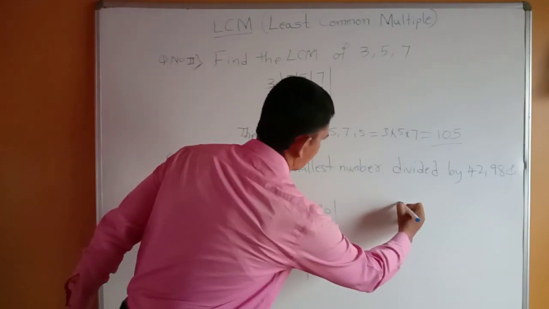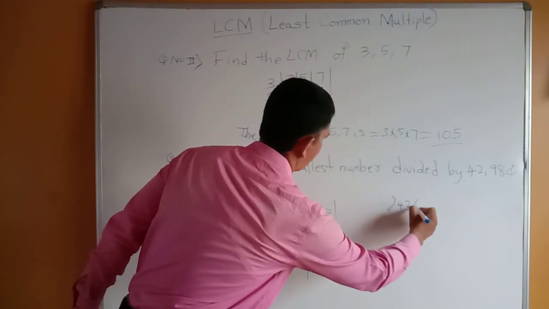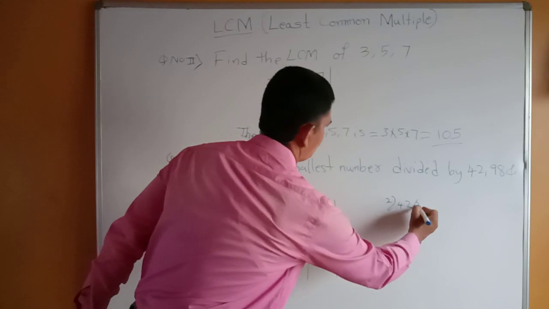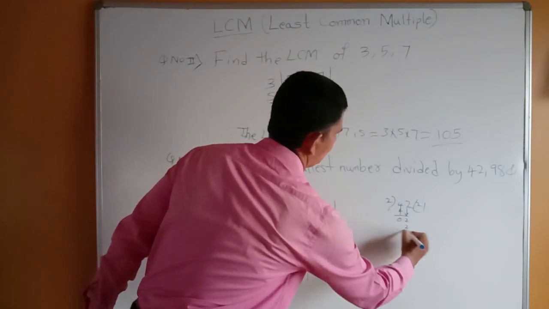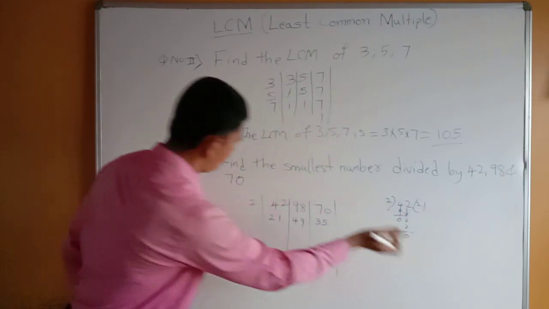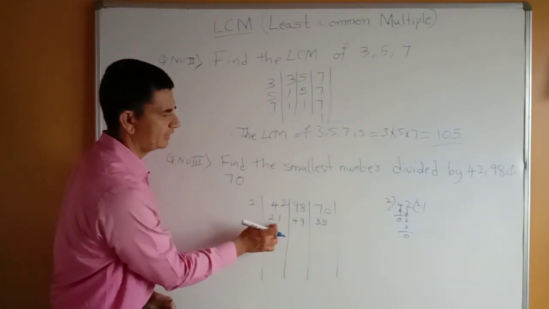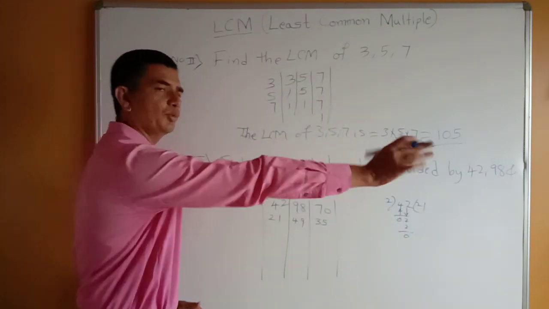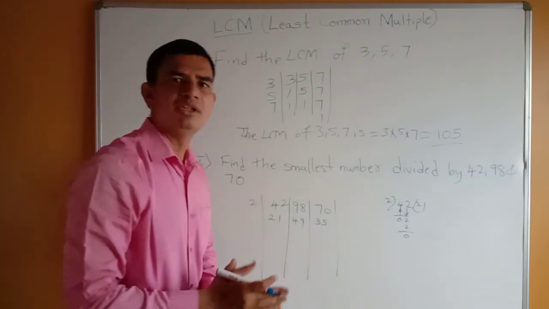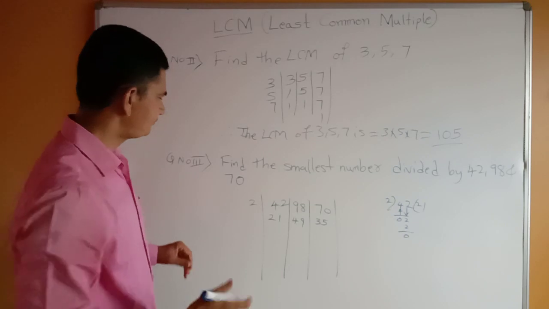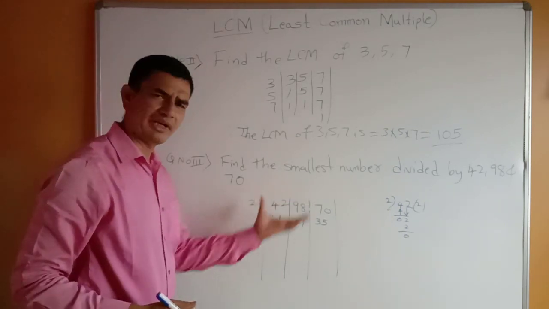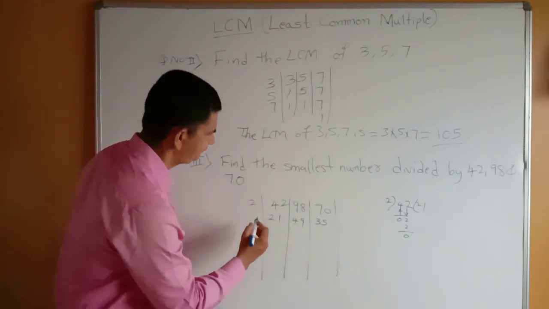We have to do 42 divided by 2: 2 2s are 4, we have to take 2; 2 1s are 2. This answer you have to write here. Like this, the next number also you can do in rough. I am not doing the rough here, but you have to do the rough work. If you know this after practicing, then you can do it directly.